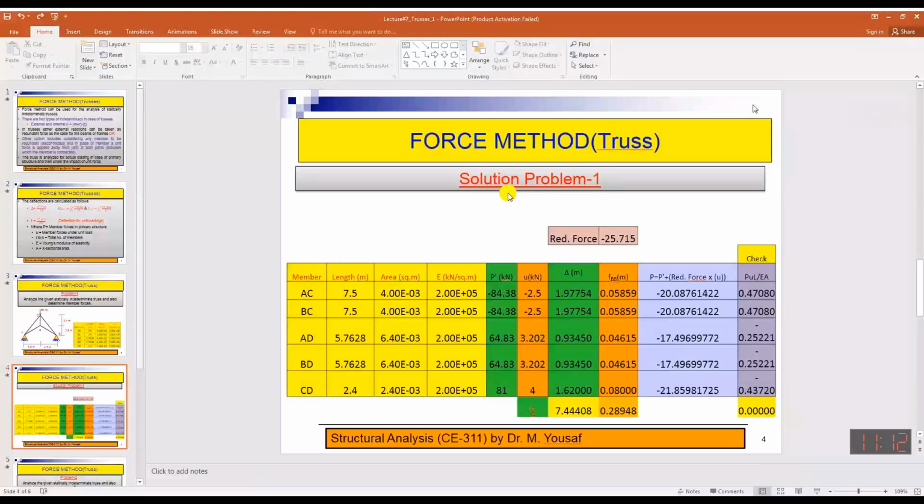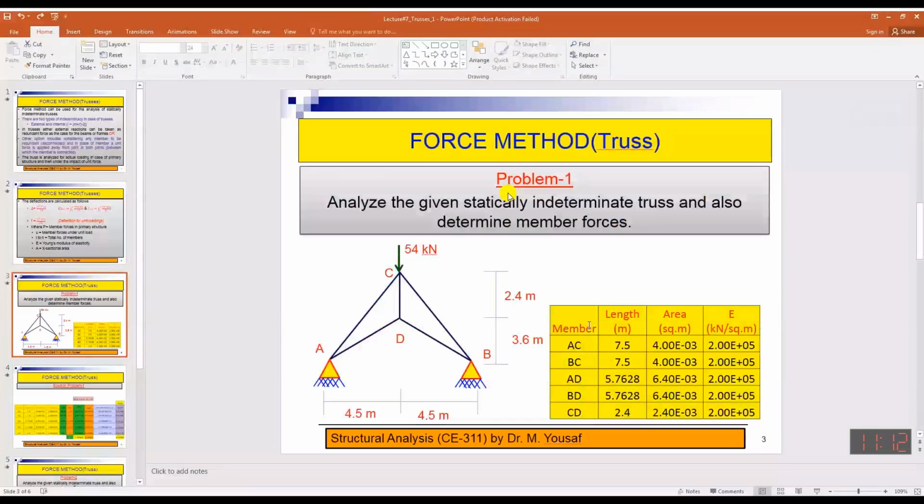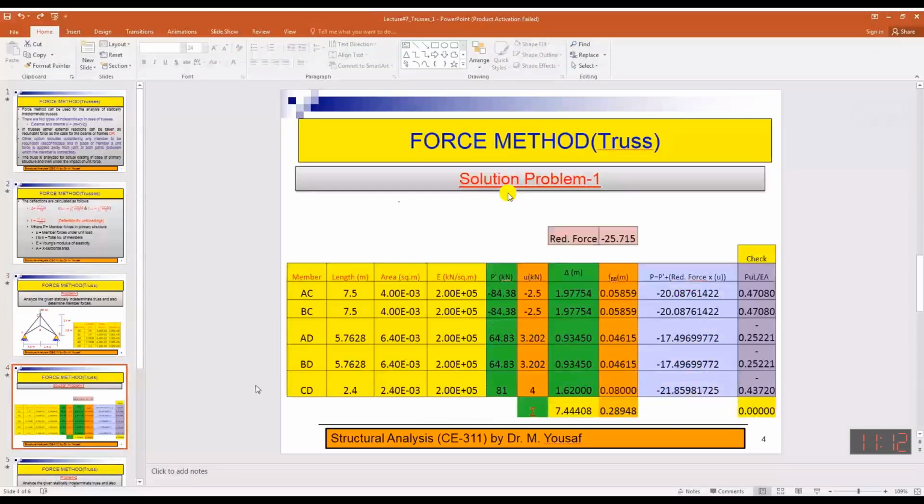Now, the next step is to find out delta. This is the deflection due to applied actual force in the primary structure. Everybody should find it out. Delta can be found using this expression for every element. Please find it out.